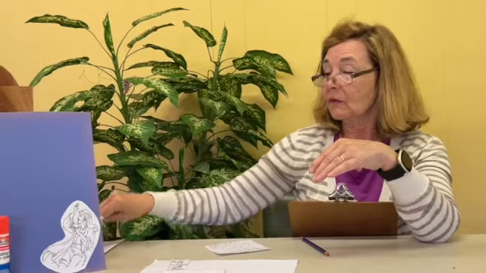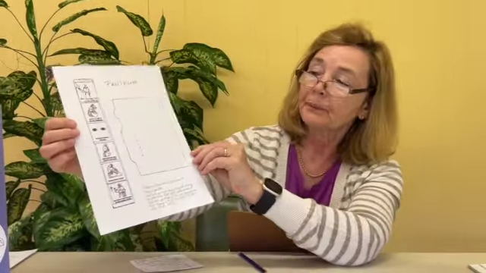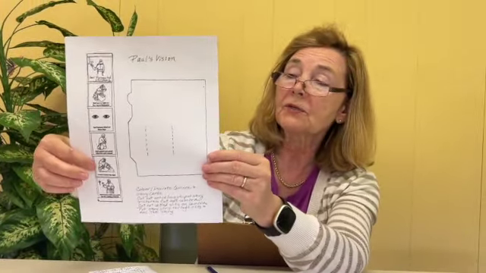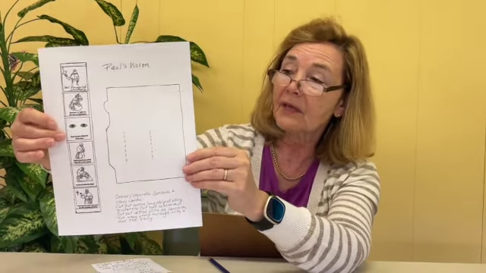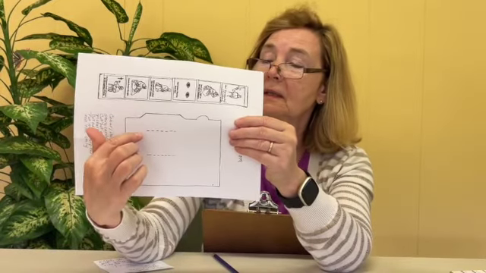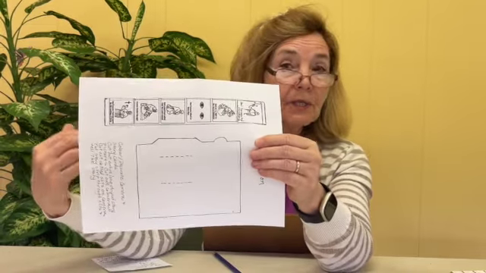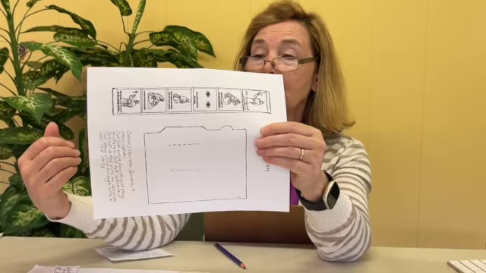So in order to do this craft, you will need to print the template. And you can see, you will color the pictures, the camera and the strip of pictures, and cut them out. And you can see that the camera has some dotted lines. So in addition to the template, you will need scissors and things to color with.